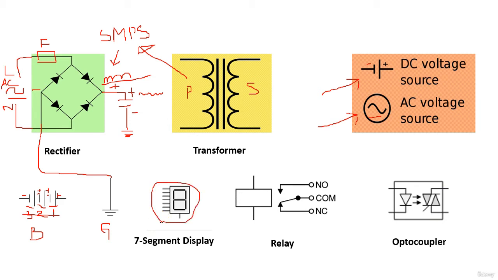For this symbol, as you see, we have an 8 and 7 small lines. So this is a 7 segment display. Why a 7 segment display? Because we have the first, second, third, fourth, fifth, sixth, and seventh segments.